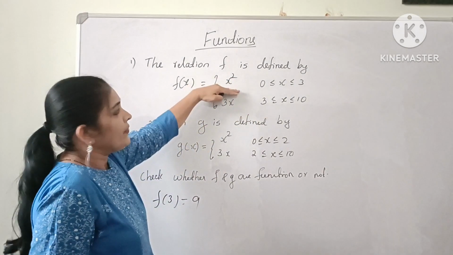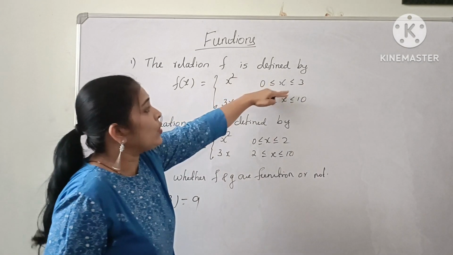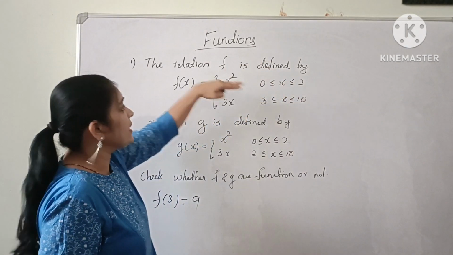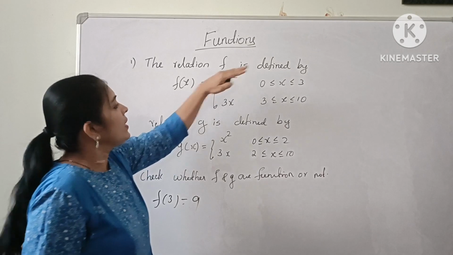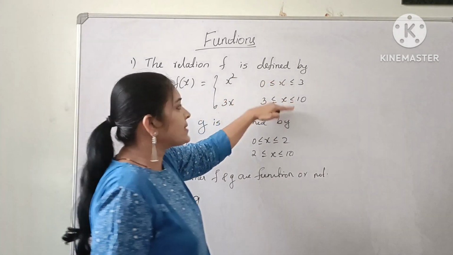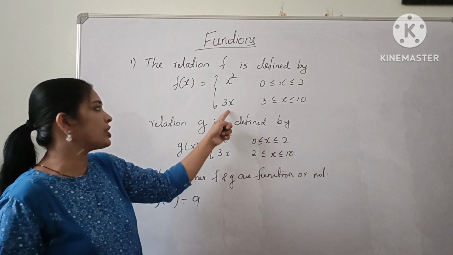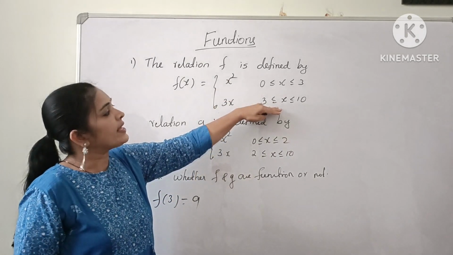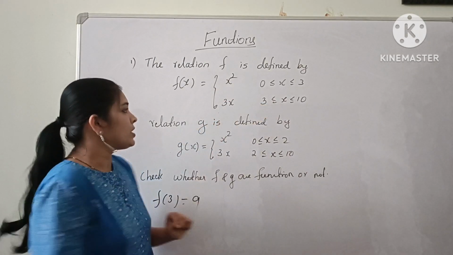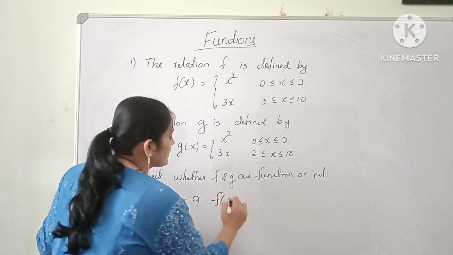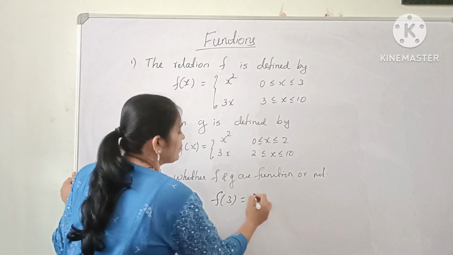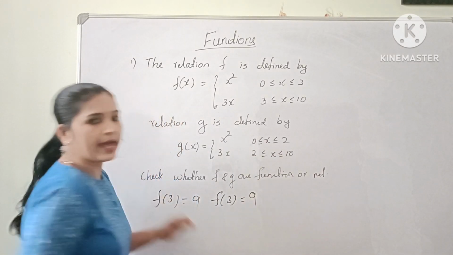So here let us take 3. See, when 0 less than or equal to x less than or equal to 3, the function is x square. When 3 less than or equal to x less than or equal to 10, the function is 3x. So let us take one element from here, that is 3. So what is f of 3? Here also f of 3 is 3 into 3, that is 9.